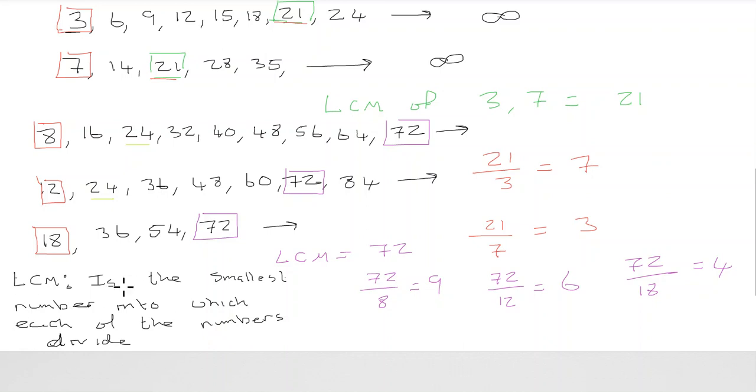Okay, so the lowest common multiple is the smallest number into which each of the numbers will divide.